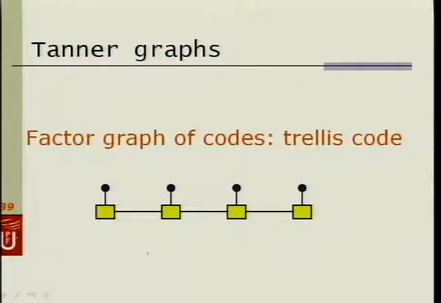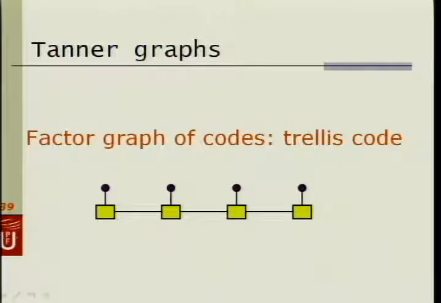One might observe immediately the following. Each code can be represented by a trellis. Each code represented by a trellis can be represented by a factor graph that has no loops. That means that every code can be decoded in a finite number of steps using the sum product algorithm. No need of an iterative algorithm.